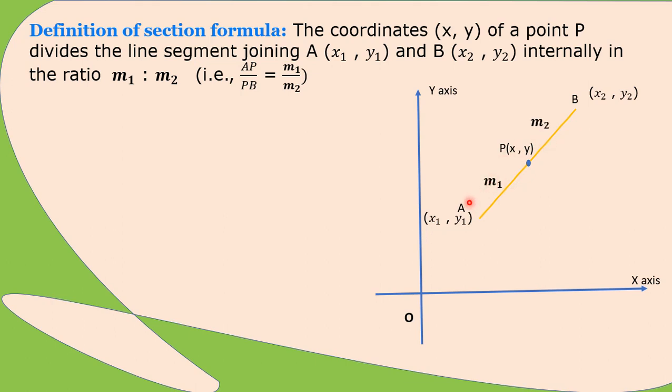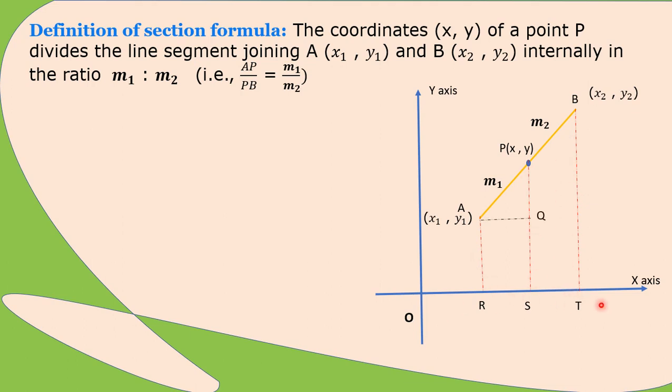Now for finding the coordinates of point P, we have to draw the perpendicular from A to the x-axis, it is AR, and similarly from point P draw the perpendicular on the x-axis, it is S, and from point B it is T. So AR, PS and BT are the perpendiculars on the x-axis.